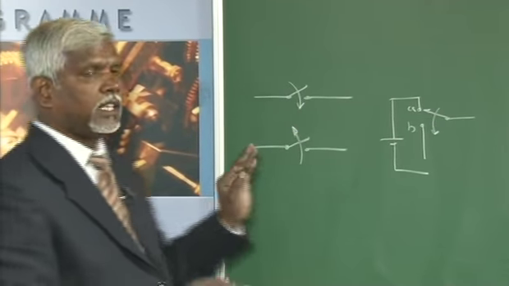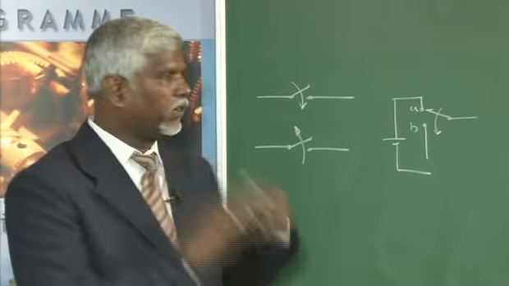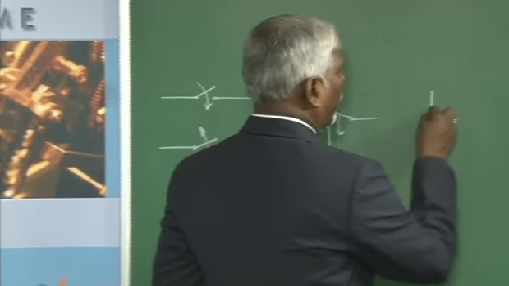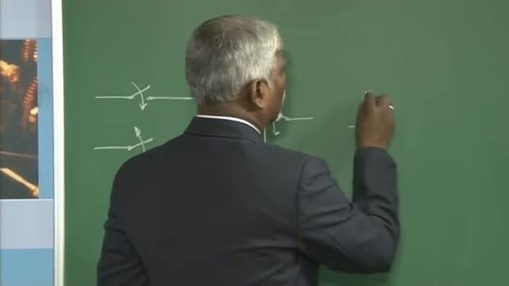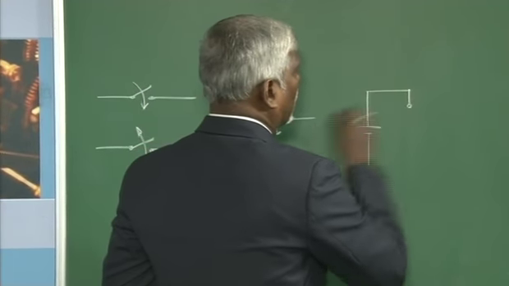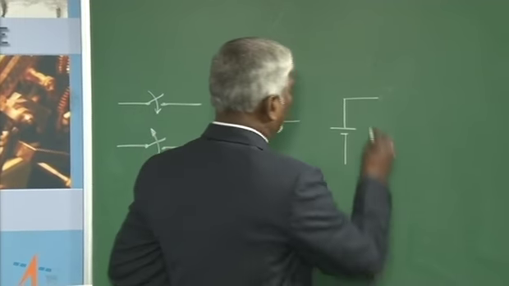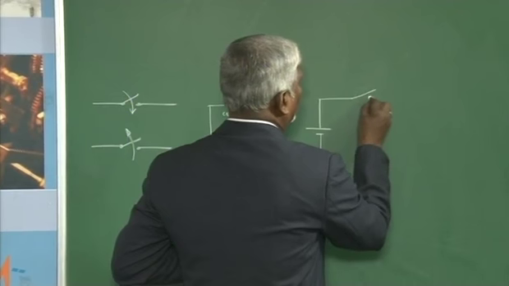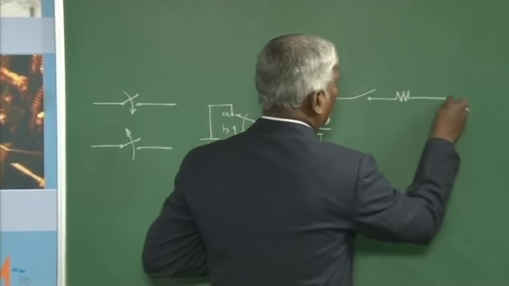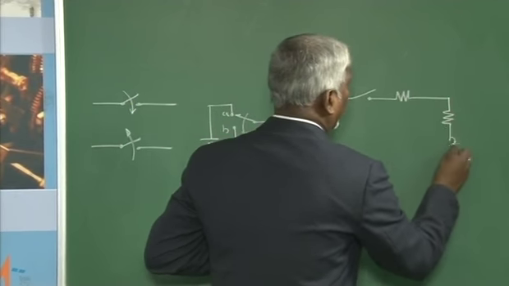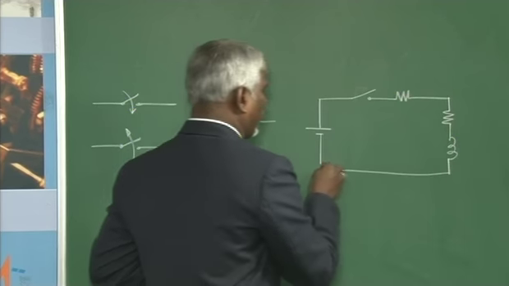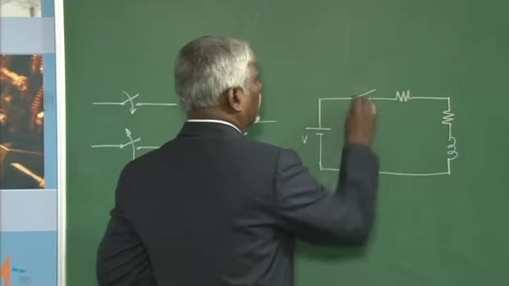Not only this, if there is any change in the parameters of the network, say for example, if I have a voltage source, we will take a simple circuit so that we will understand: a switch with R1, R2 and an inductor. By now we will know how the circuit behaves.